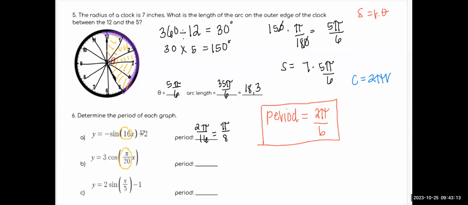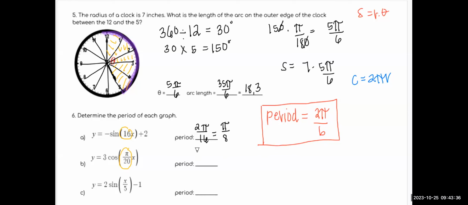Okay, this one looks a little different because this time the coefficient has a pi in it. That's okay. Pi is a number. Pi over 20 is a coefficient for a variable. Anybody think they have it? I think that's it. Let's see.